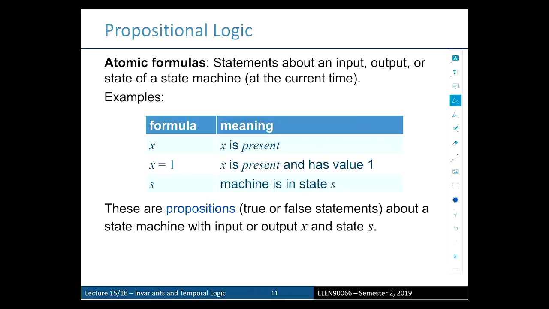Atomic formulas are statements about an input, output, or the state of a state machine at some given time.